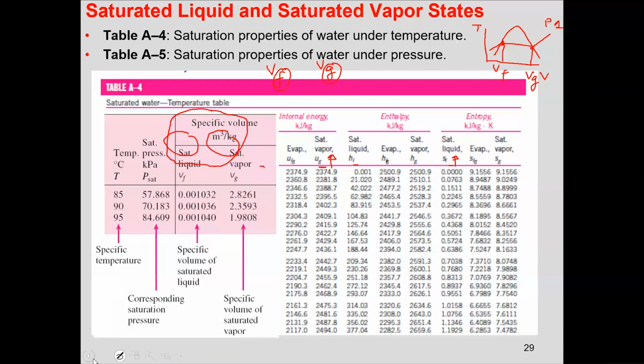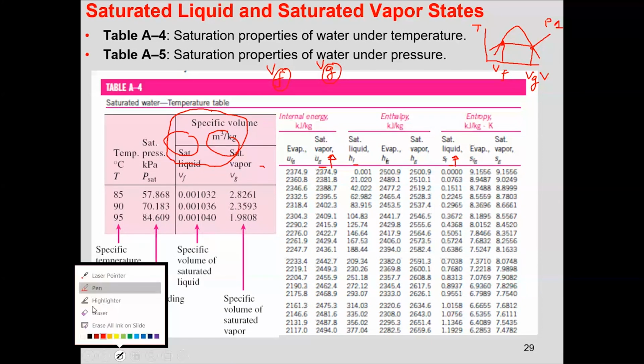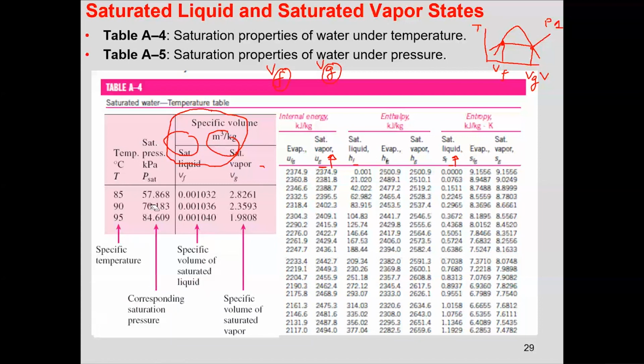So let's say I am talking about 85 degrees centigrade. At 85 degrees centigrade, the saturation pressure, or the pressure at which boiling takes place, would be this. Once boiling starts, that means the saturated liquid state, the specific volume of the 100% liquid phase is this, and saturated vapor, once it converts into 100% vapors, would have a specific volume of 2.2861.